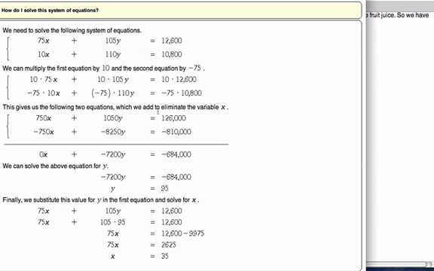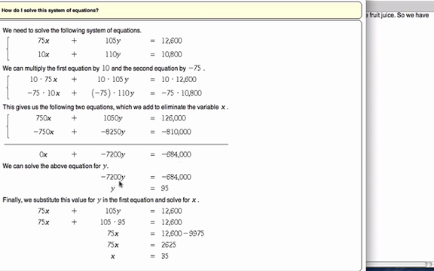That's this here, and that's going to give you negative 750x plus negative 8,250y, and that's going to equal negative 810,000. And so you're going to add those together. The x's cancel each other out. For y, you get negative 7,200y equals negative 684,000.